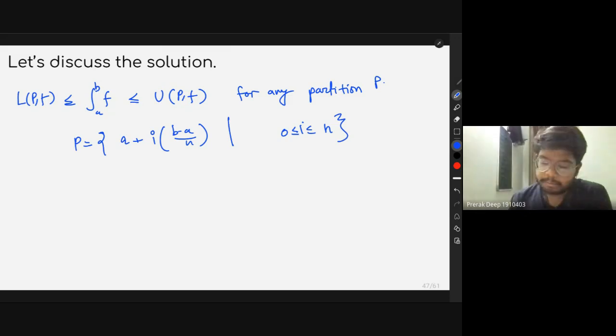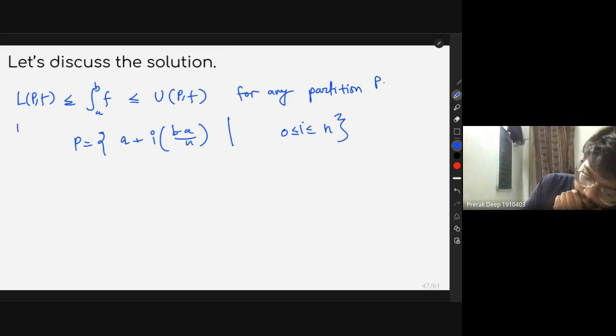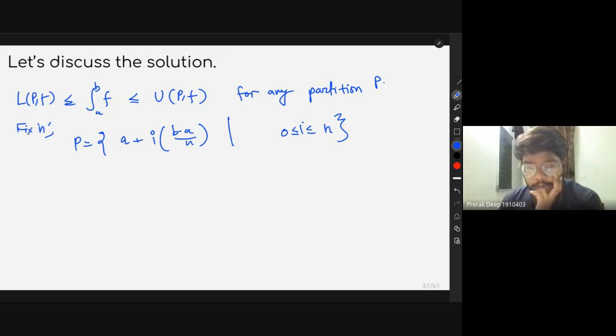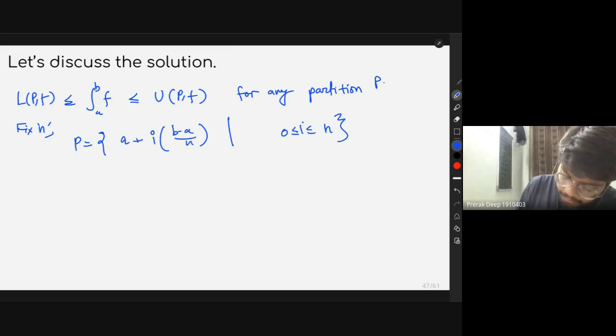So if I take this partition, where I divide my interval into subintervals of uniform length, what will I get?